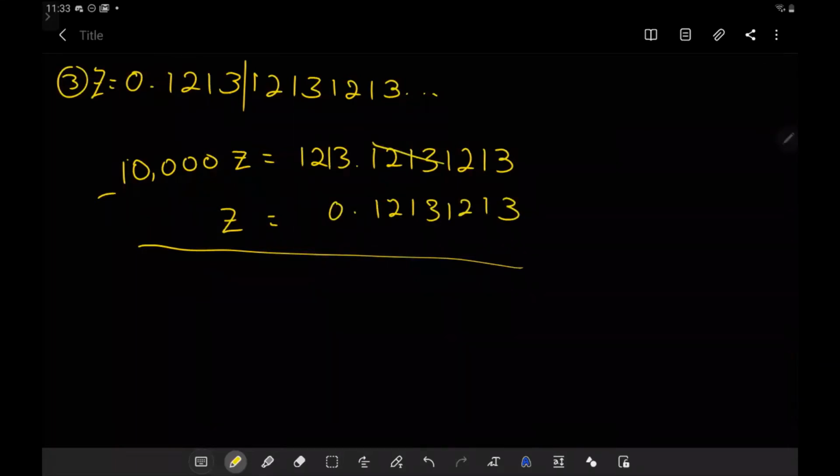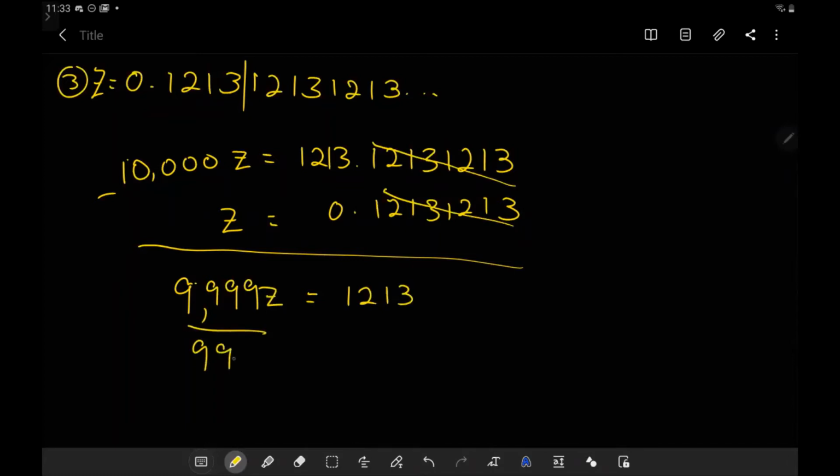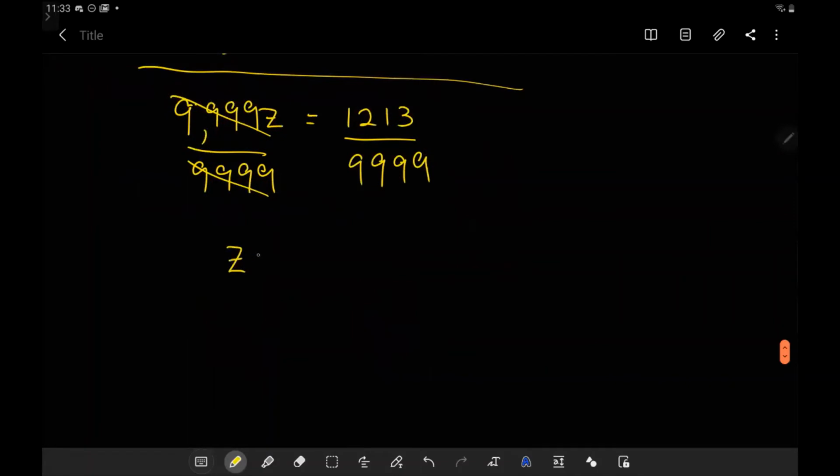The tails will cancel, and we are left with 9,999z is equal to 1213. Dividing both sides by 9,999, we have z is equal to 1213 over 9,999.